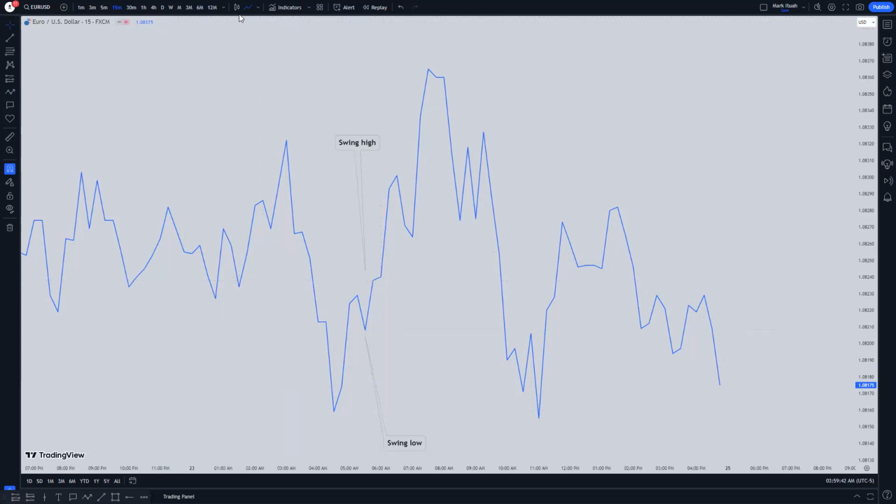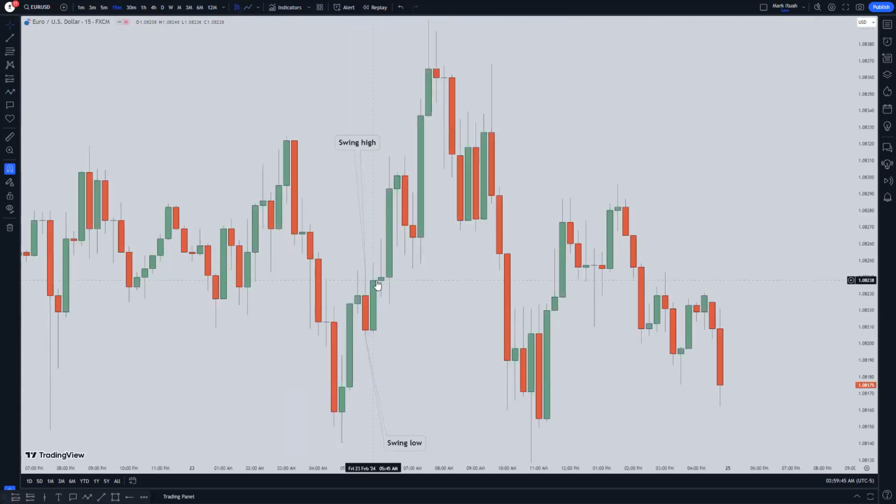If you go to the candlestick chart, we can see there was no bearish candle that literally causes price to halt to the downside or swing to the downside.